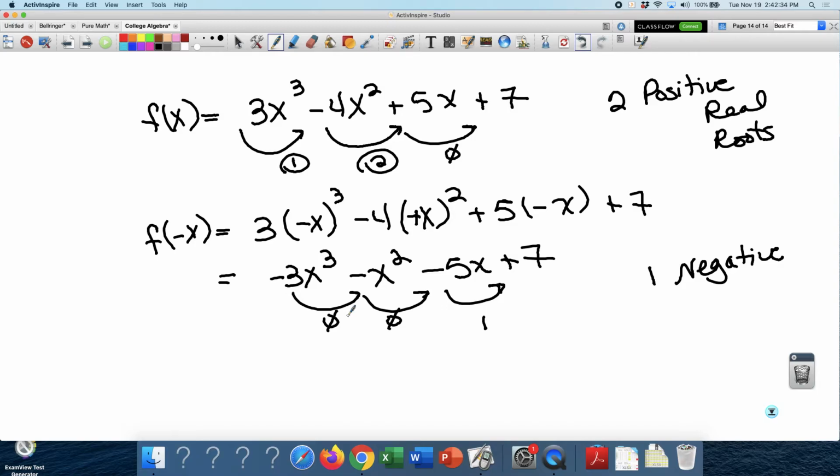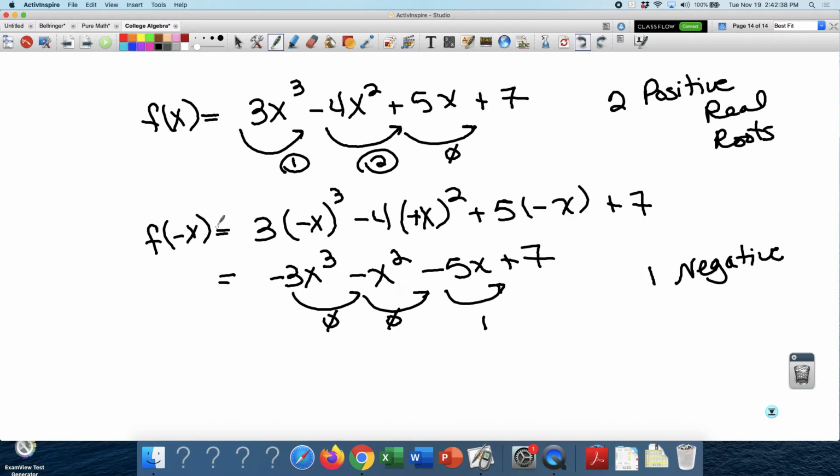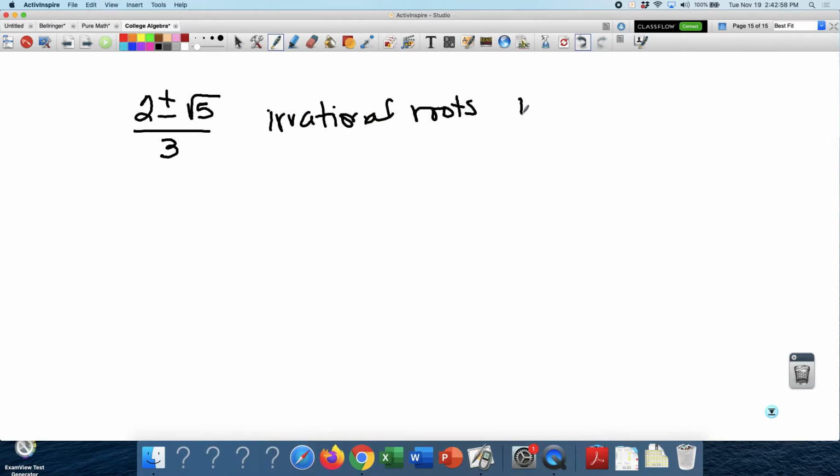Now here's what I need to go back and teach you. Do you remember when we do irrationals, you have pairs. You have a positive and a negative. Irrational numbers or irrational roots must come in pairs. That means groups of 2.